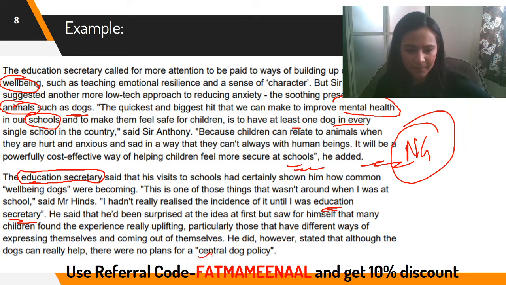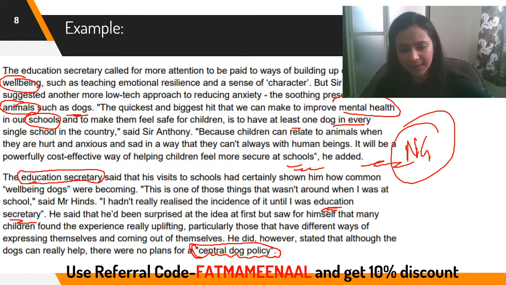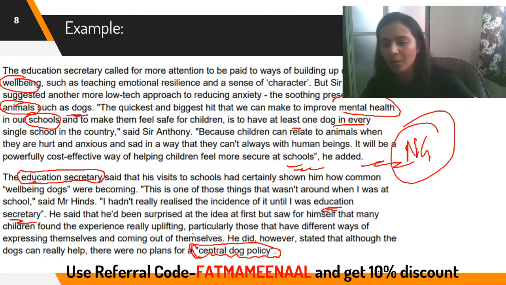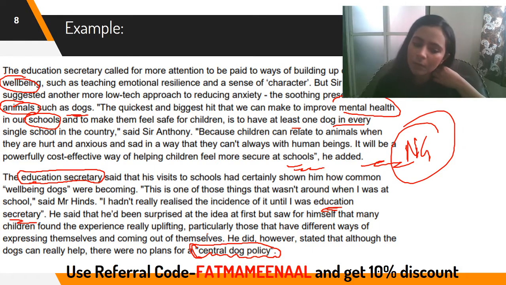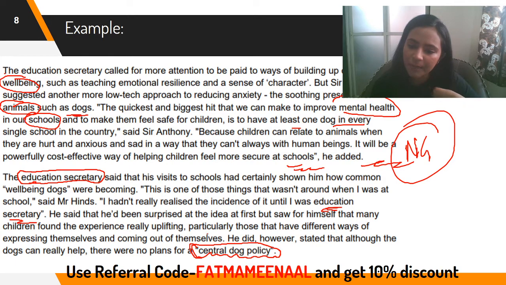We have something called central dog policy, right? Now with central dog policy, I'm just getting a hint that maybe it could be a paraphrased version of the last line. Why? What about others, guys? Quick.